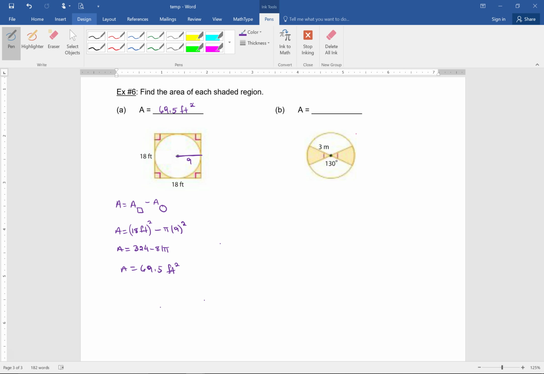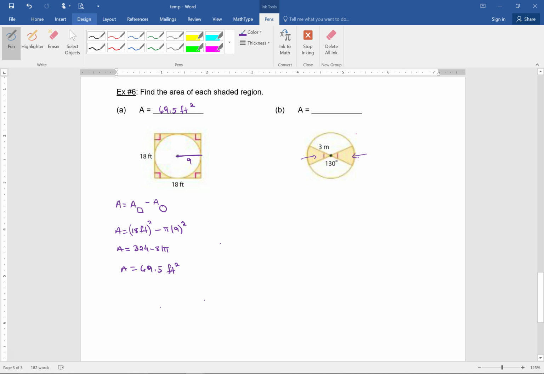They are sectors, right? So basically, you can do a couple of things. You can either find the circle and then subtract from it the area of this or this, or you could just find the area of these two sectors.